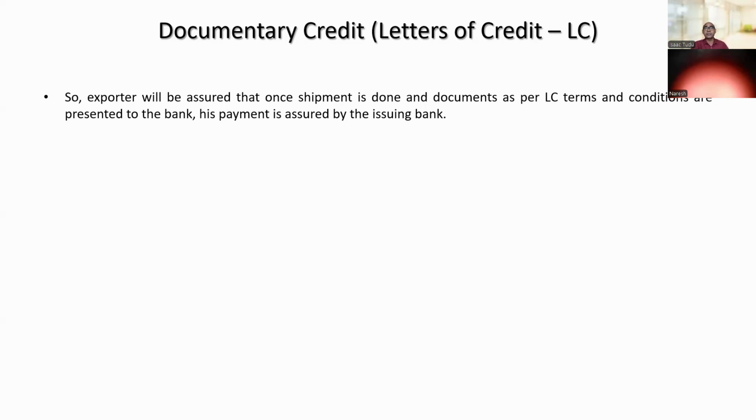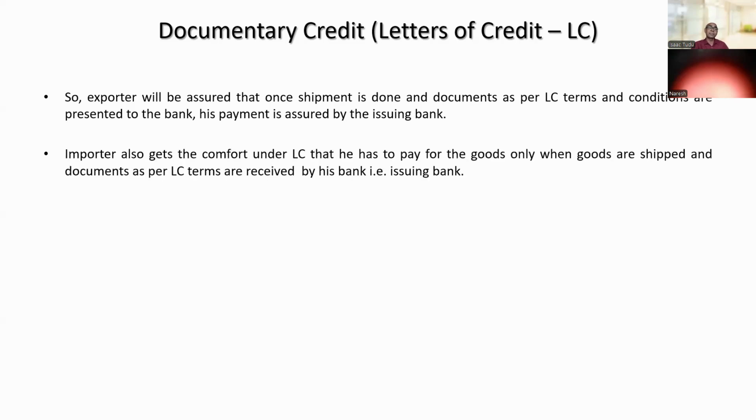It doesn't make any difference if you are able to get an LC from a reputed bank. Maybe that buyer is banking with, or has an LC limit with, a bank and the bank has agreed to issue the LC in your favor as an exporter, beneficiary of the LC, then we are done. We do not have to worry whether the buyer will make the payment or not, right? So the importer, the buyer, also gets the comfort under LC that he has to pay for the goods only when goods are shipped and documents as per LC terms are received by his bank, that is the issuing bank.